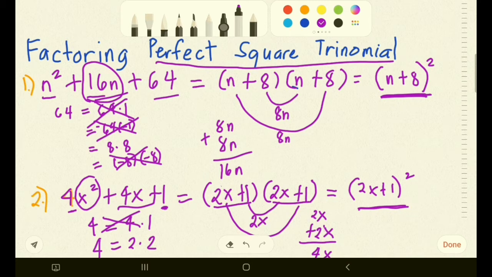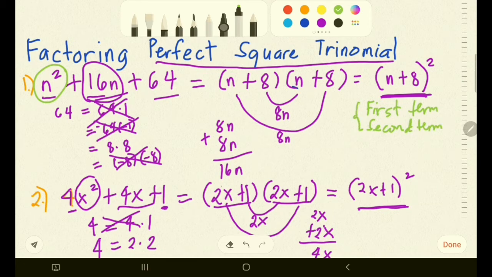But how are you going to know that a given trinomial is a perfect square? Take a look at this. You just check the first term and the last term.